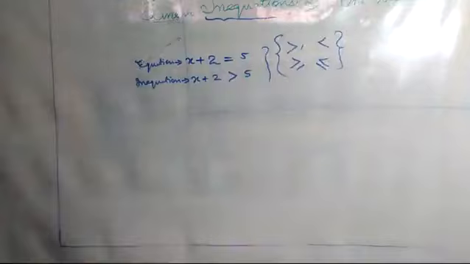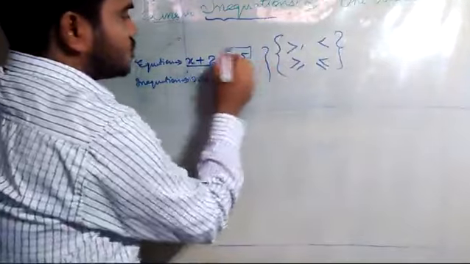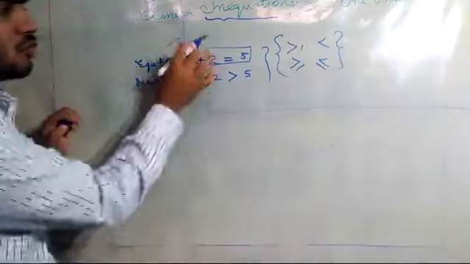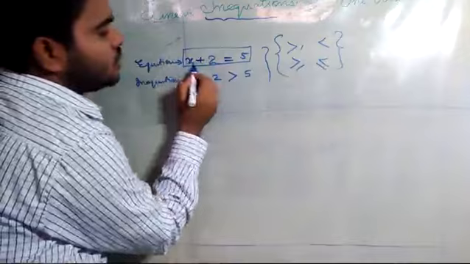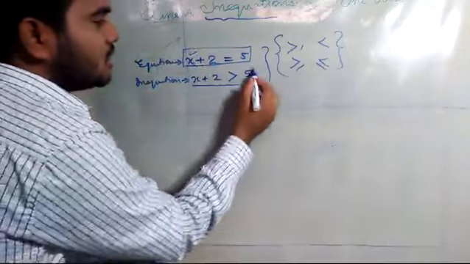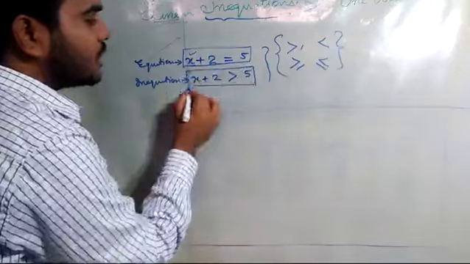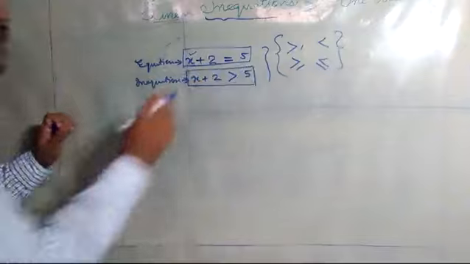Now, what is the difference between these two? Here, in this case, the solution is strict, it is constant. From here you will get only one value of x. But in this case, the solution is not strict. The value of x will be more than one, it will not be unique.